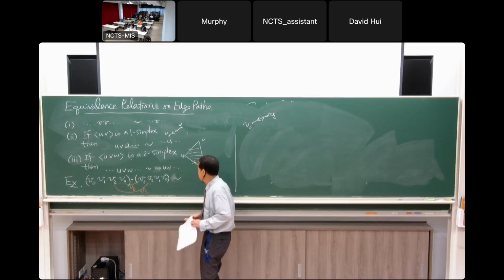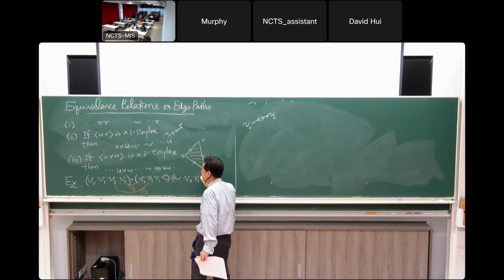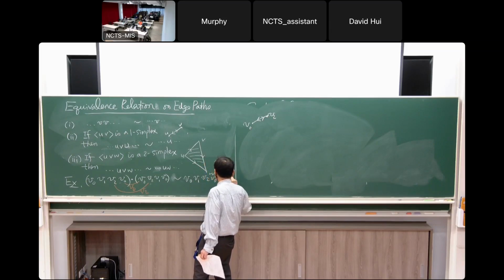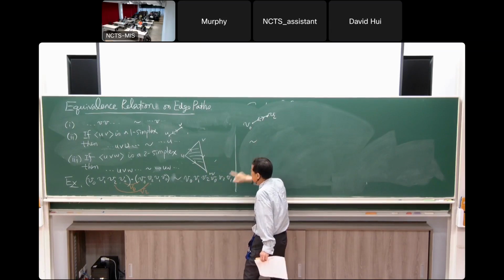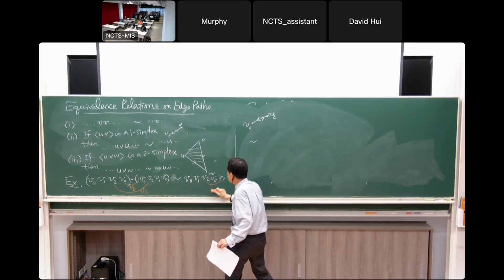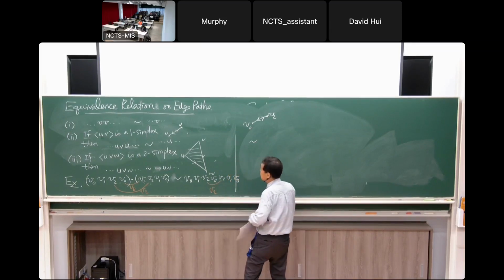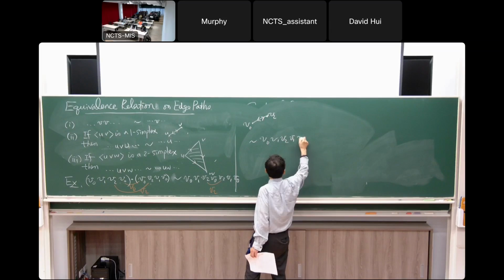So this is just V2. That's equivalent to V0, V1, V2, V1, V0.